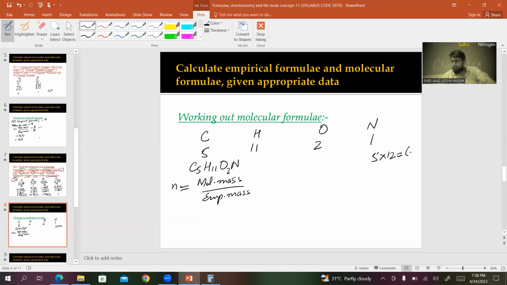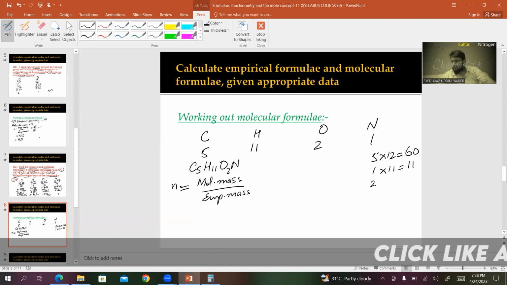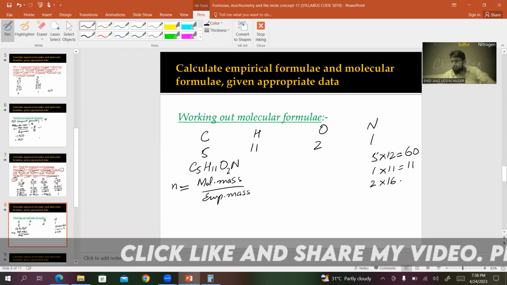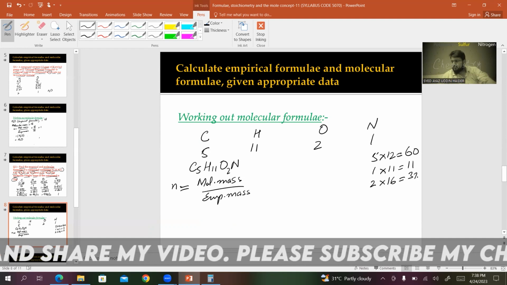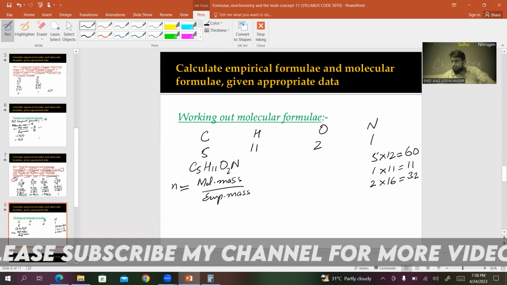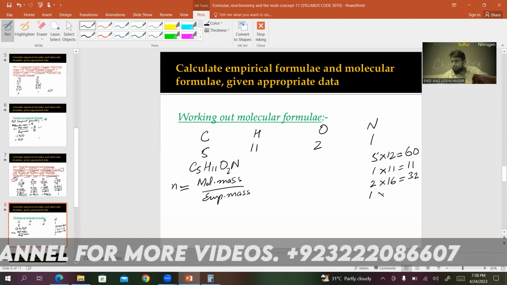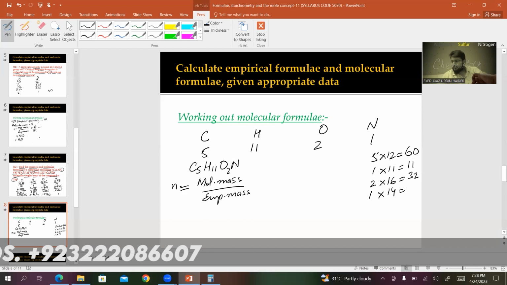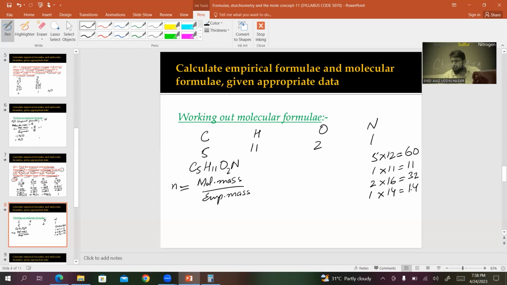You will get 60. For hydrogen, you will multiply 1 by 11. You will get 11. For oxygen, you will multiply 2 by 16. You will get 32. For nitrogen, you will multiply 1 by 14. You will get 14.